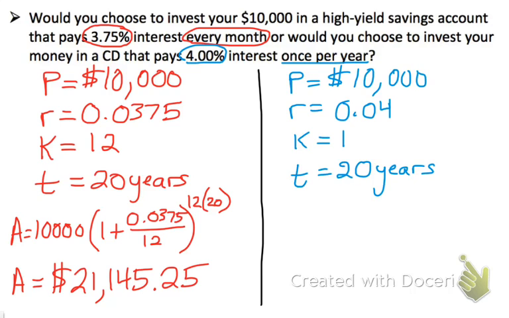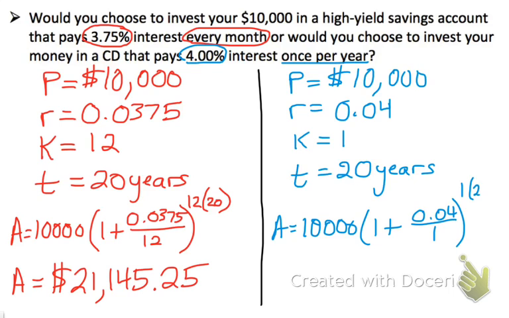The second case, we set up the amount that we earn with a $10,000 principal investment times 1 plus, now this interest rate, 0.04 divided by 1, all raised to the KT power, which is just 1 times 20.